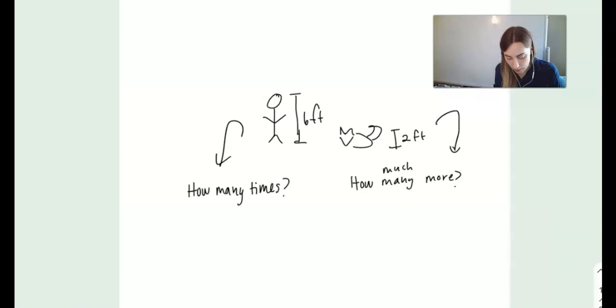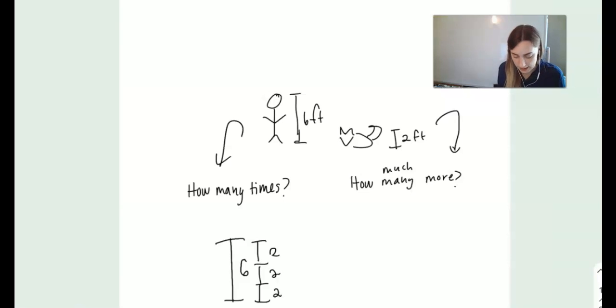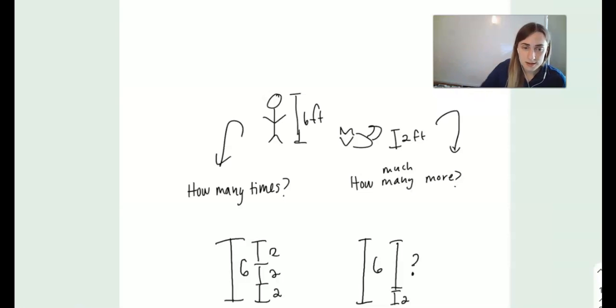And I would show how many times taller, like this. And I would show how much taller, like this. So what I'm emphasizing is that how many times is asking us how many of my dog's height can I fit into my height.